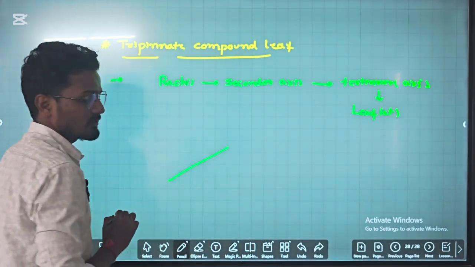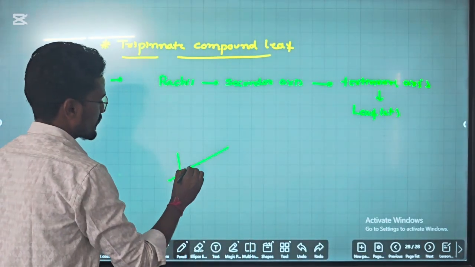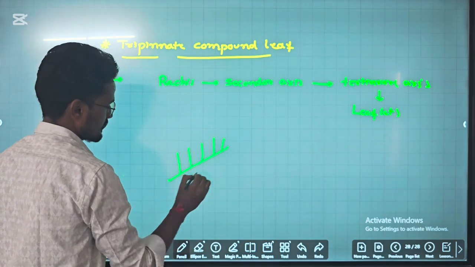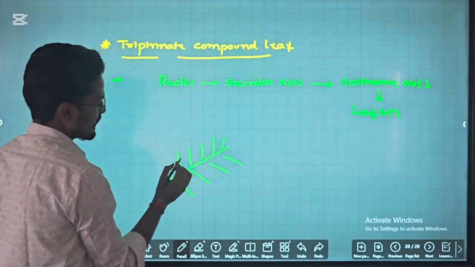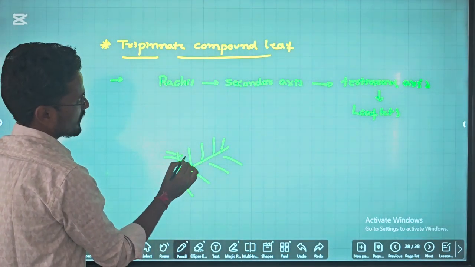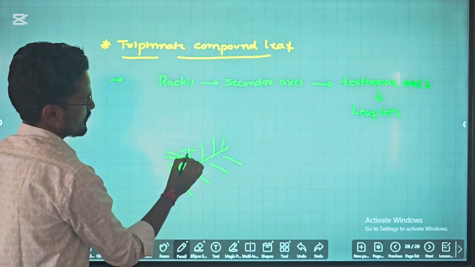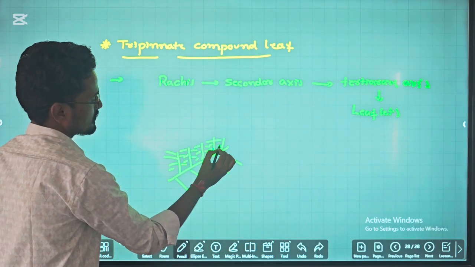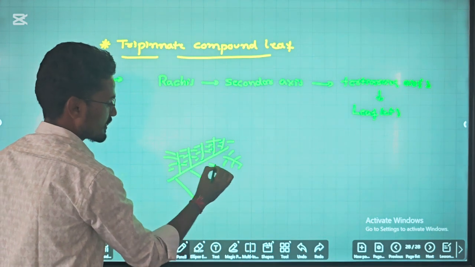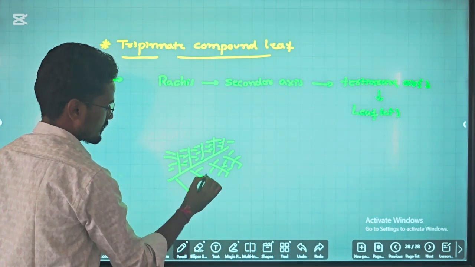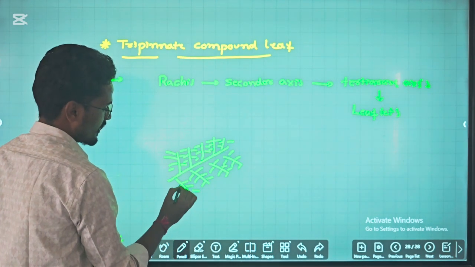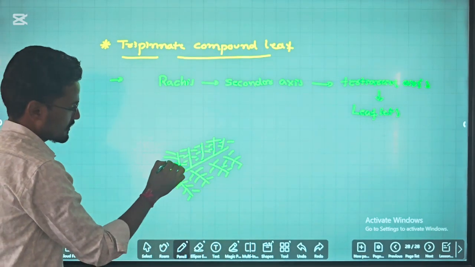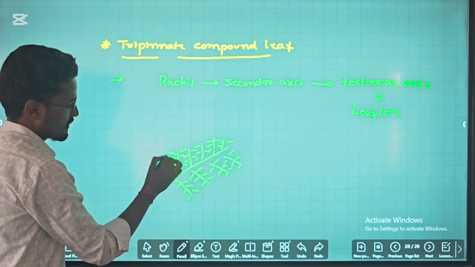Okay, this is the primary axis. These are going to produce secondary axis. These secondary axis are going to produce tertiary axis. These are tertiary axis. On this tertiary axis, leaflets are there.